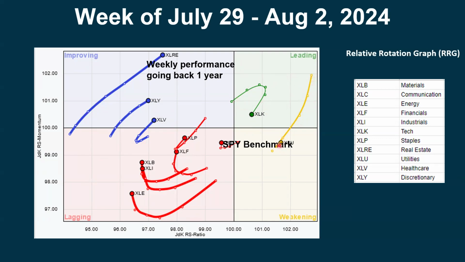So we have been seeing some weakness overall, even though utilities had a pretty good week. It's hard to see here, but we did turn and start to go back up here. And we're seeing some improvement with real estate, as well as discretionary a little bit here, and then healthcare. At least real estate and, well, healthcare anyways, defensive, where these other areas are starting to turn up after having been weaker.